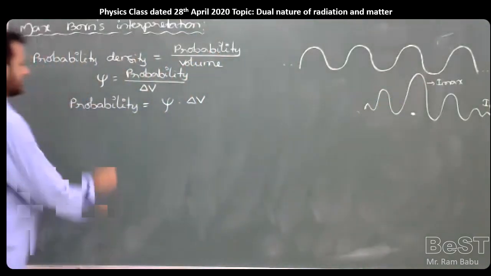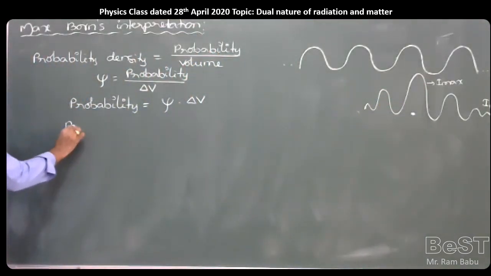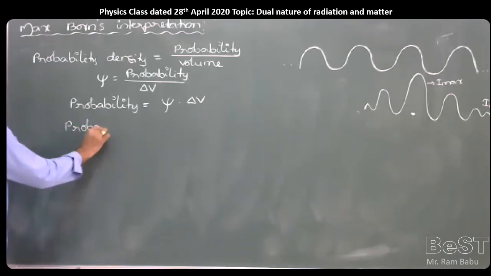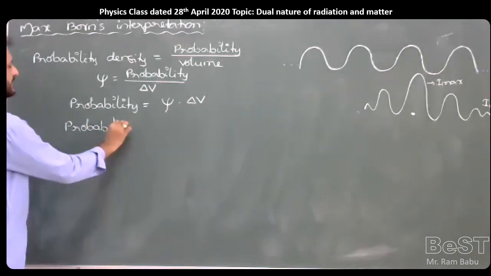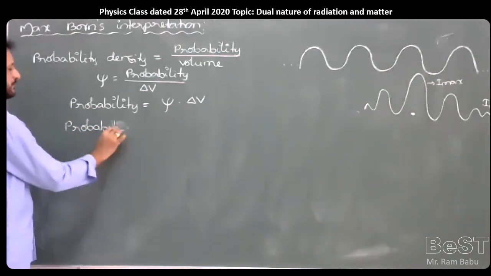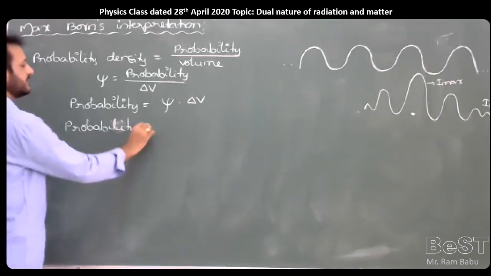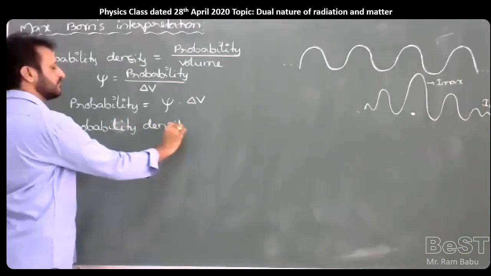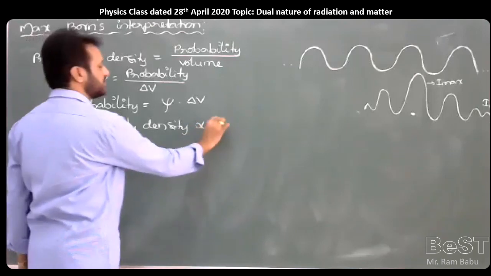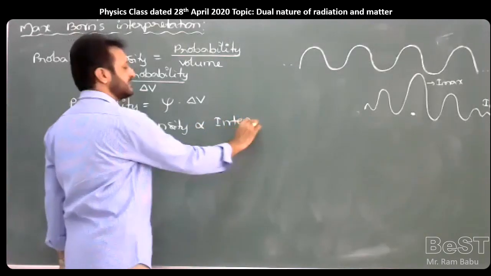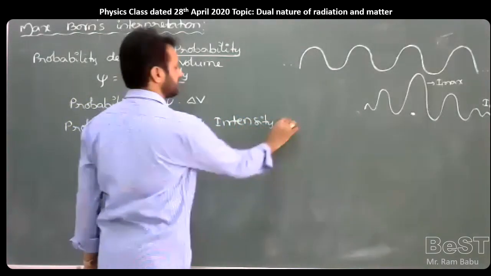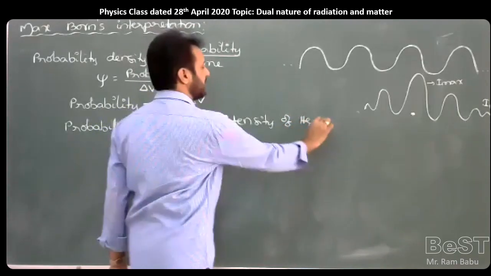So we can write here that probability density is always proportional to the intensity of the wave.